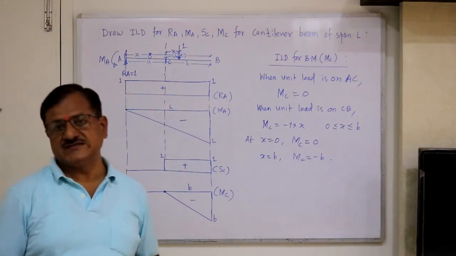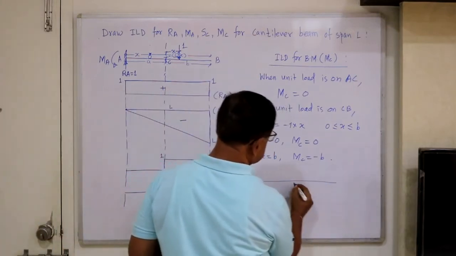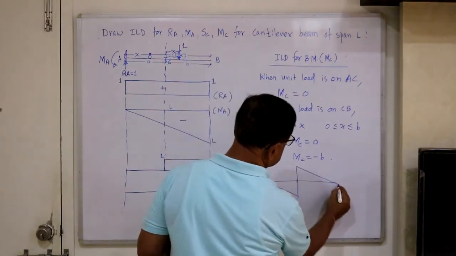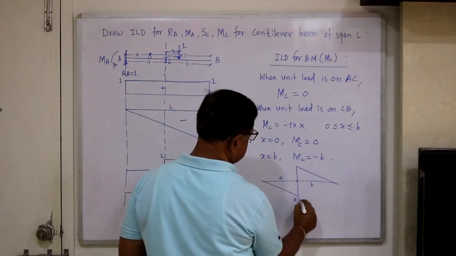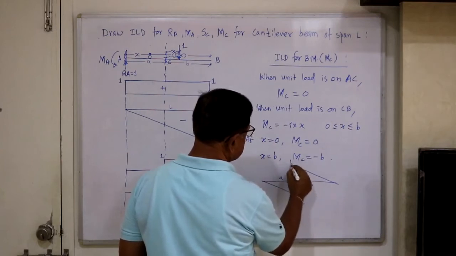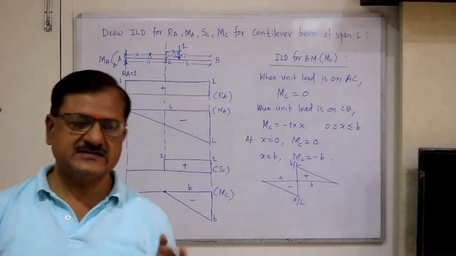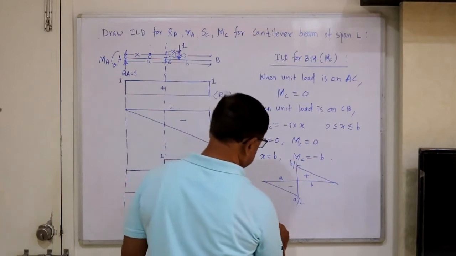For a simply supported beam, if this is the section, this is the ILD for shear, if this is A and this is B. This is minus A by L, and this is plus B by L. So left is minus, right side is plus, and this is the ILD for shear force for a simply supported beam.